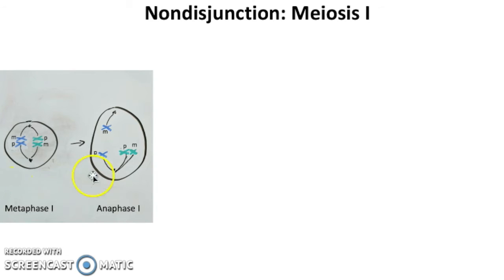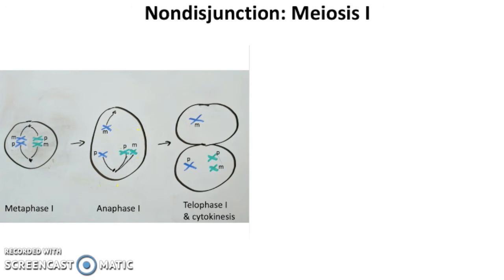So if it went well, then one of the blue would go to the top, one to the bottom, and the same thing for the green. But since non-disjunction took place, I had both of the green homologous chromosomes, the maternal and the paternal, coming down to the bottom here.